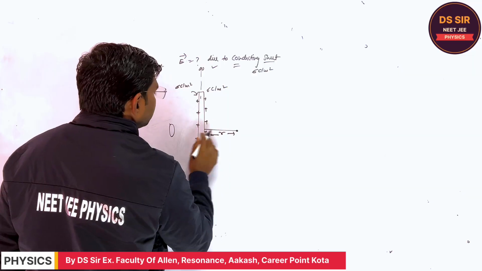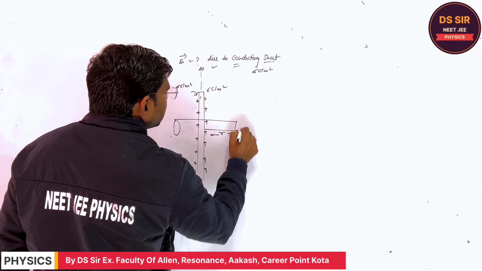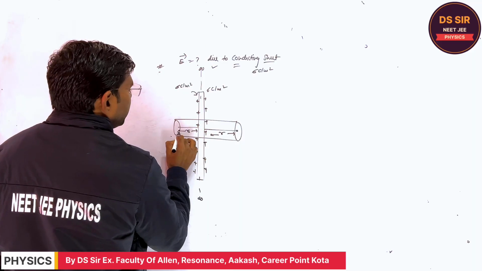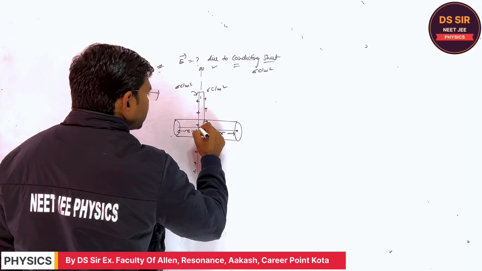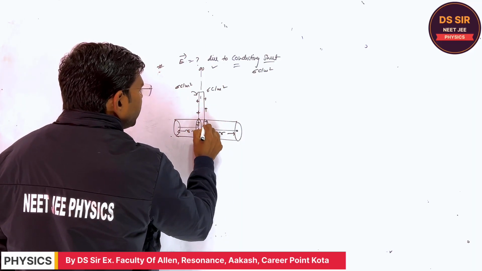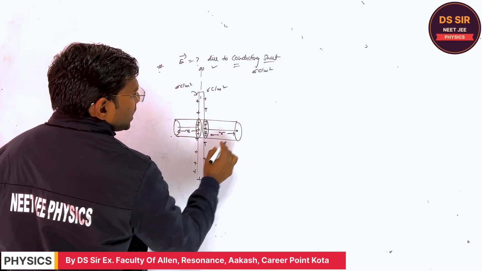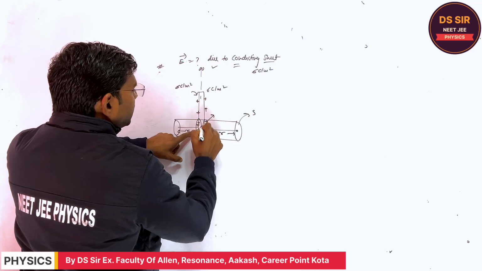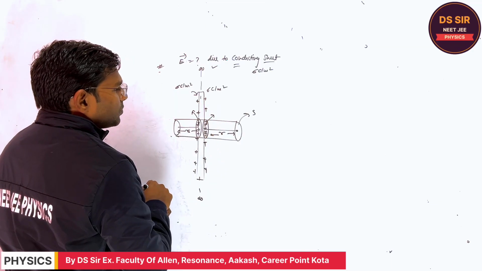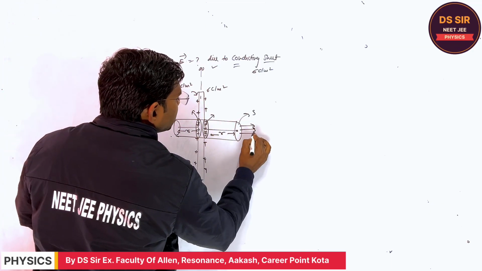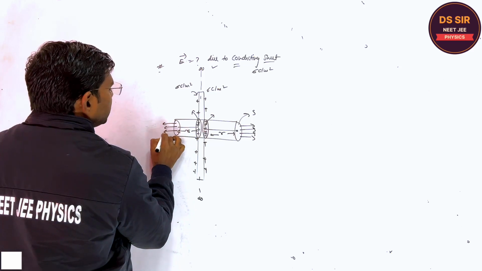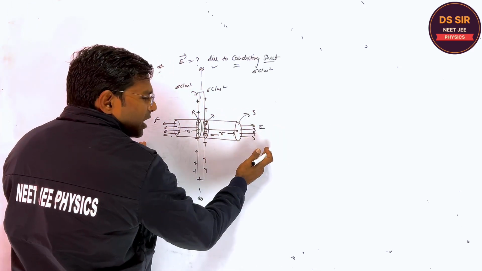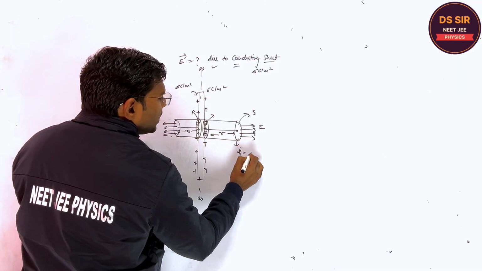at distance r. Consider a cylinder now, in the same way as the previous problem. So in this case, by the Gaussian surface, this is the charge. If this is the surface S, this is the S, this is the charge enclosed. Here the electric field is in this direction, here the electric field is in this direction. If the electric field is the same at distance r, what is the flux phi 1 linked with this?